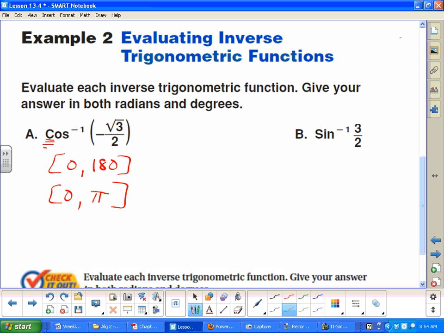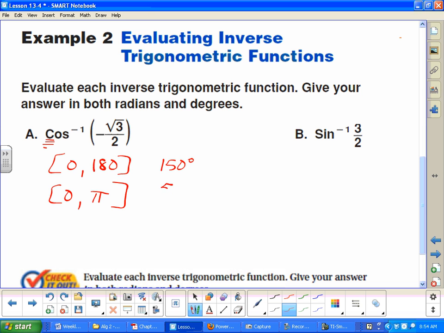So cosine is negative. Between 0 and 180, 0 and pi, where's cosine negative? Which quadrant, first or second? Second, because x is negative in second. So where does cosine equal negative square root of 3 over 2? In degrees, it's what? 150, yeah.